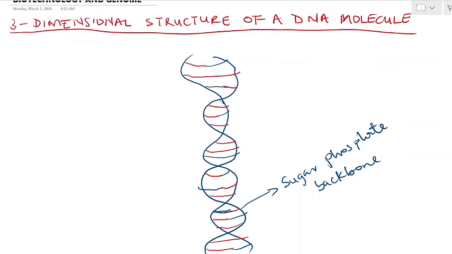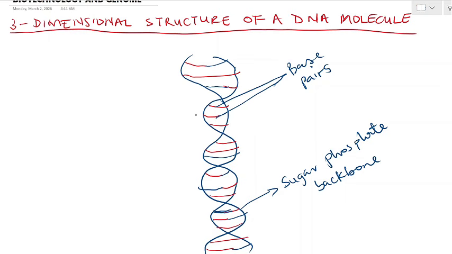Alright, then these internal bonds are referred to as the base pairs.